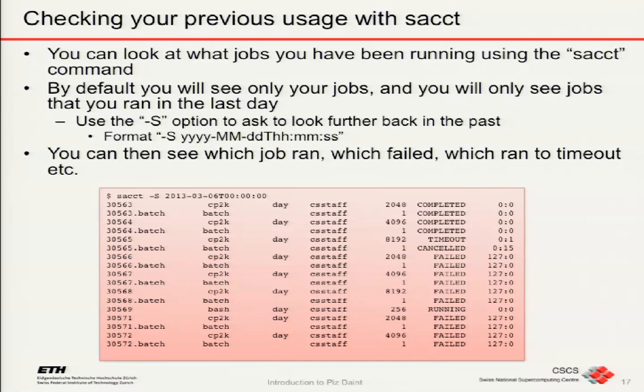By adding extra options, you can also find out node lists and other things as to where you ran specifically. That means you can also do a reverse mapping and say, that job ran particularly slowly compared to the other one. As I mentioned before, was that because I went across groups, rather than being pinned within a group? So there are a number of options to see your previous usage that sacct is very useful for.